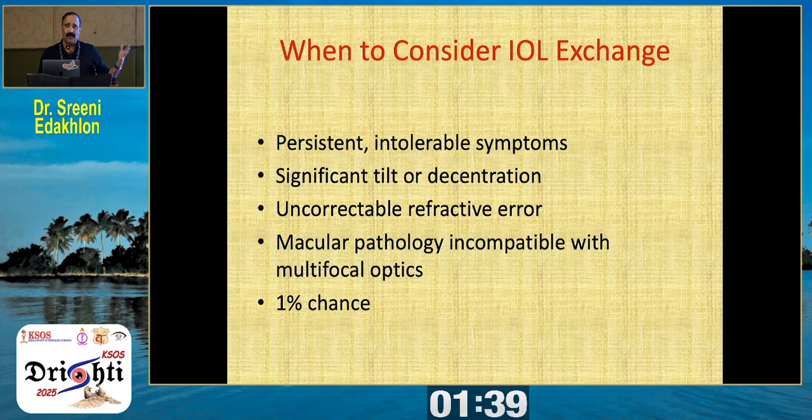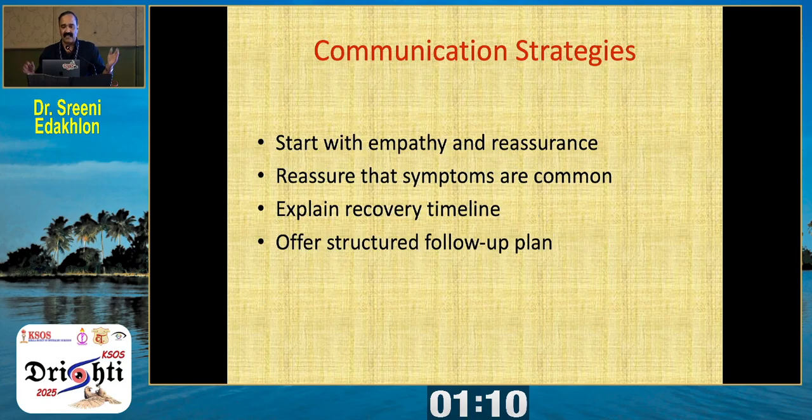So you would have already talked about that. You have to give time for adaptation. So when should you consider IOL exchange? If there are persistent intolerable symptoms, significant tilt or decentration, uncorrectable refractive error, a macular pathology in which this is not going to work. Roughly, if you check the literature, it's about 1% of instances where it has to happen.